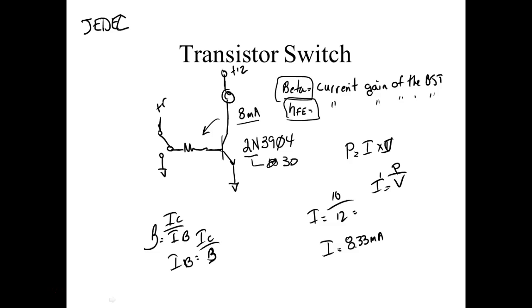So that means to calculate the amount of base current, I would say my IB would be equal to 8 milli divided by 30. And what would that give me?